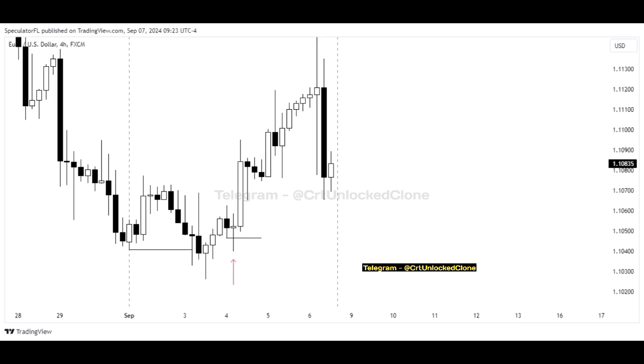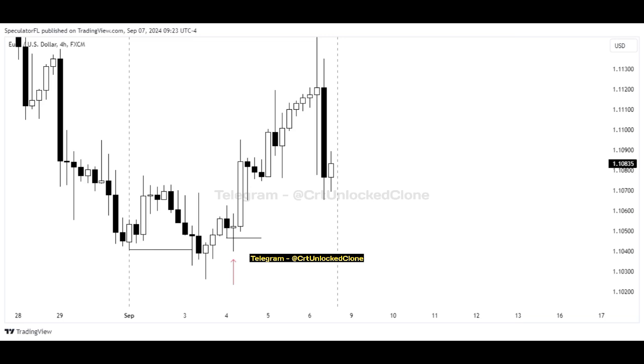Because of this SMT divergence. Because the SMT divergence suggests non-symmetrical price action, and we know that during non-symmetrical market conditions, the current order flow is going to be unable to continue and we are likely to reverse from there, and that's exactly what happened, right?